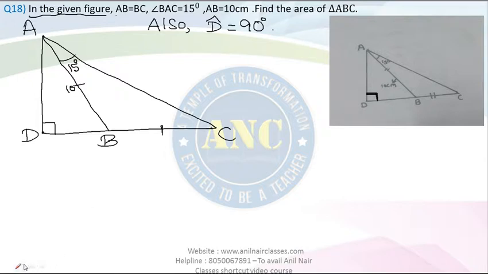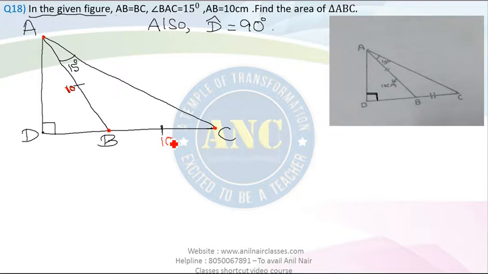Angle D is given in this question as 90 degrees. Now think logically, sir. I want to find the area of triangle ABC. First of all, can I say that the AB value is 10 and AB is equal to BC? That means the BC value is also 10. Can I also say that this triangle ABC is an isosceles triangle?